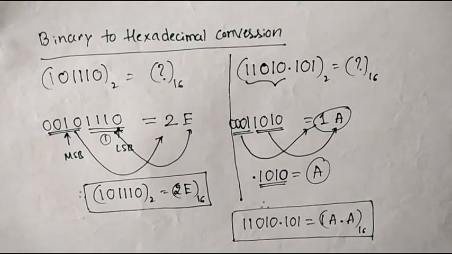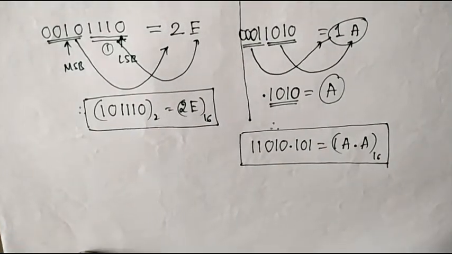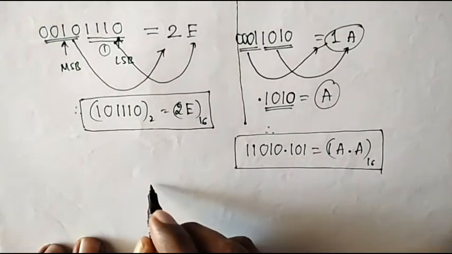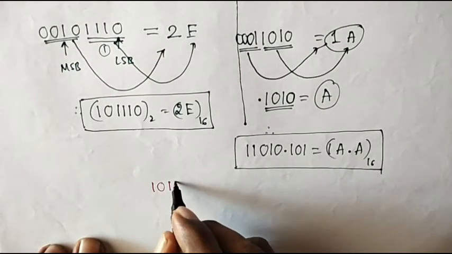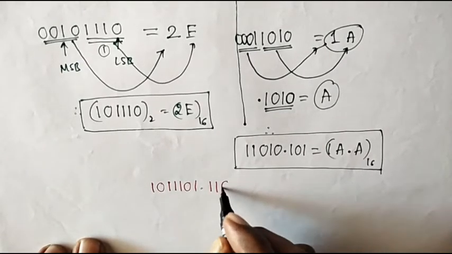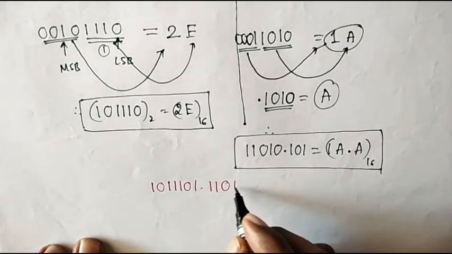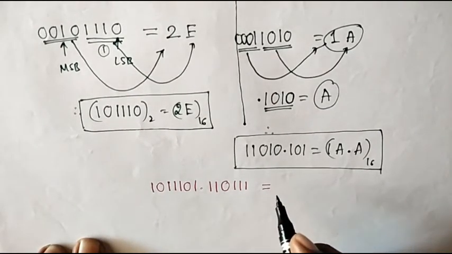Let's take one more example: 1011101.110111. This can be represented in hexadecimal as follows.